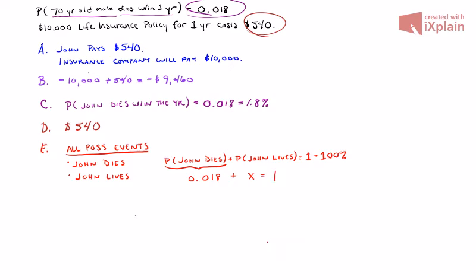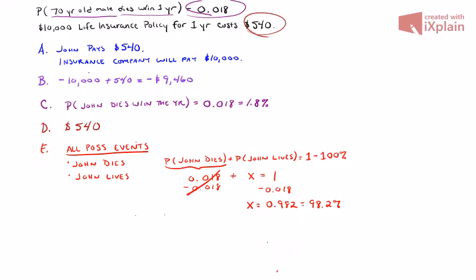This is just one way of looking at the problem. So in this case, what I would do is I want to isolate x, and I want to remove that probability from both sides to get x alone. If we do the subtraction, we get 0.982, or in other words, there's a 98.2% chance that John is going to live in that year. John is probably super relieved.